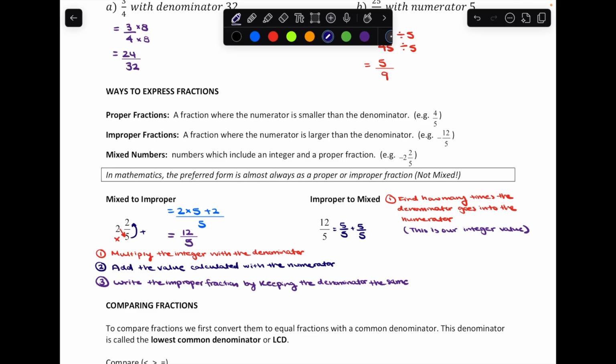And the second step we want to do here is we want to find out what's left over. And so here, if we take 5 and 5 from there, we're left with 2 over 5.